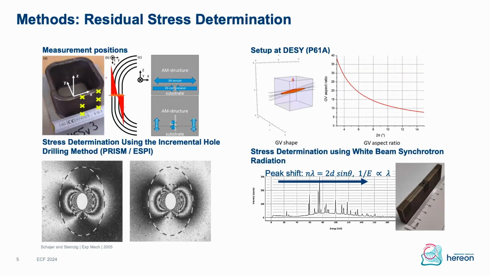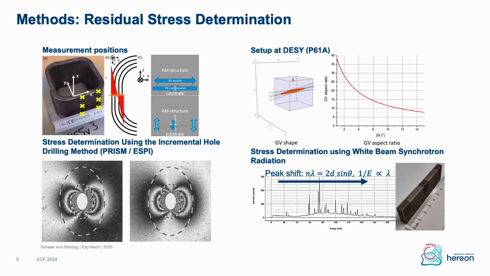To keep it smaller, we have to then decrease the size of the apertures, which means that we have only a very small gauge volume, which leads to bad statistics in the measurement. And we have to compensate for that by wiggling the gauge volume across some area of the sample.